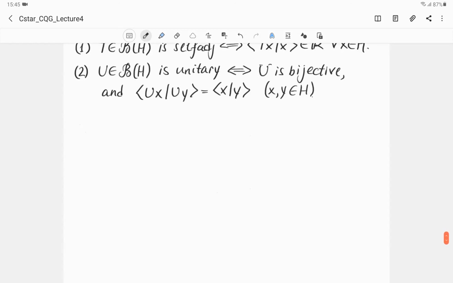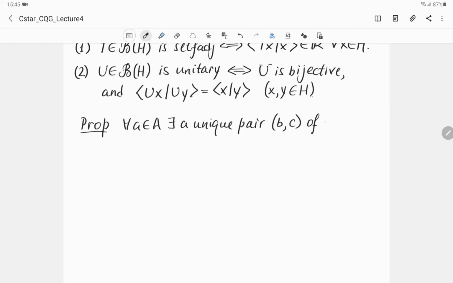Okay, we have the following simple proposition, which again emphasizes the analogy between self-adjoint elements and real numbers. Namely, for each element a in our algebra, there is a unique pair b, c of self-adjoint elements such that a equals b plus ic.